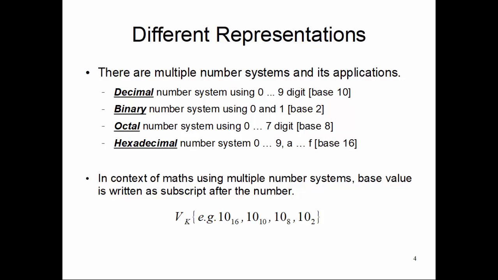From binary to hexadecimal, in successive slides we'll see the conversion is very easy and very fast, and a huge binary value with many symbols can be represented in a very compact form using the hexadecimal system.